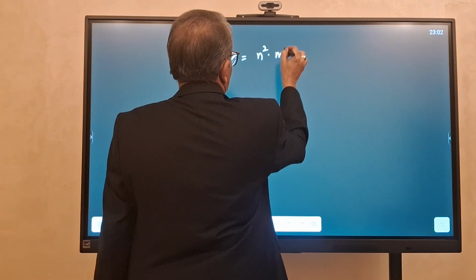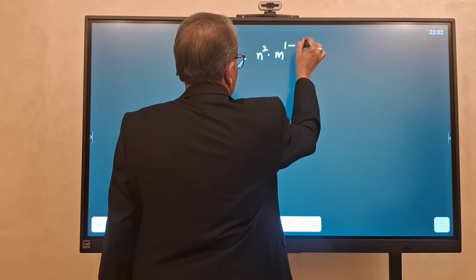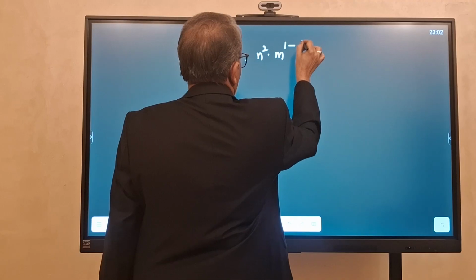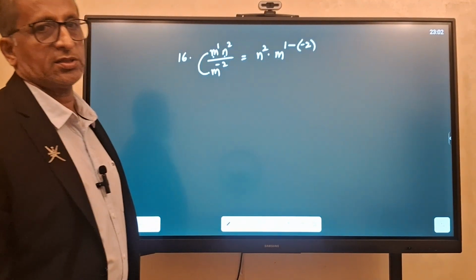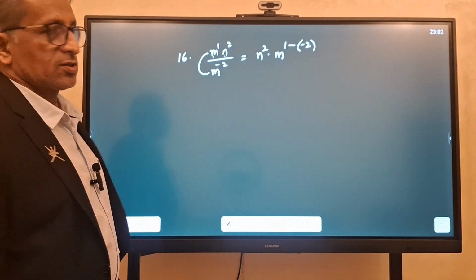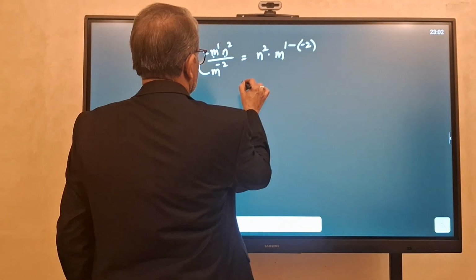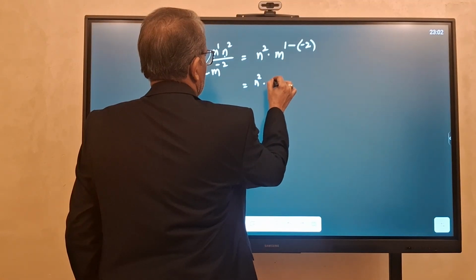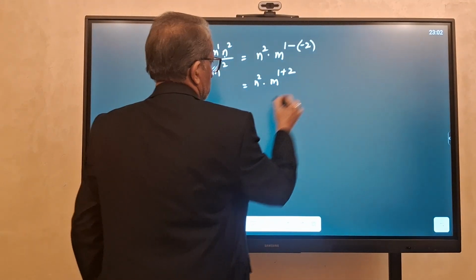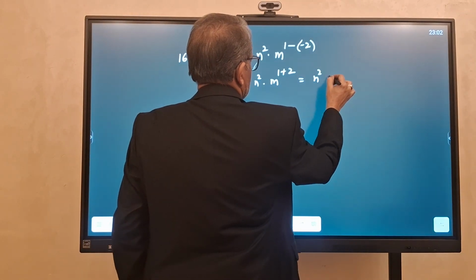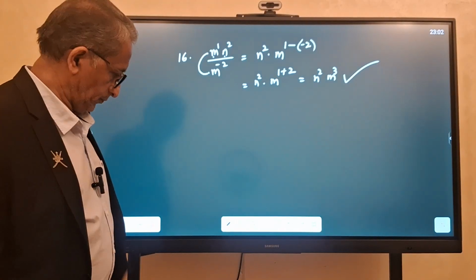So m1 because numerator, minus because of the law, and it is minus 2 because the power itself is minus 2. So n square no change because we have only one index number. Simplify this. n square m, open the bracket, 1 plus 2. So that means n square m power 3, the answer.